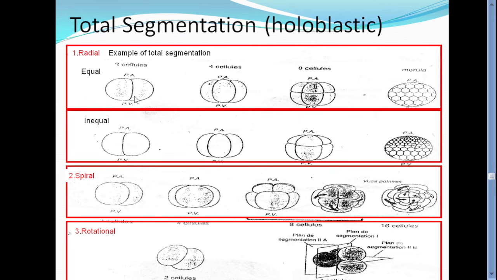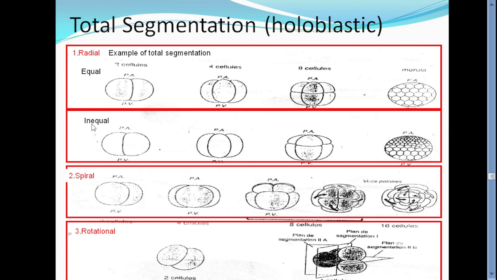In this case the cleavage plane is like this, as you can see here. It's the case when it is equal. So at the stage 2 we obtain 2 cells, 4 cells, 8 cells, etc., until morula, and you can see that the cleavage planes are in the same state.